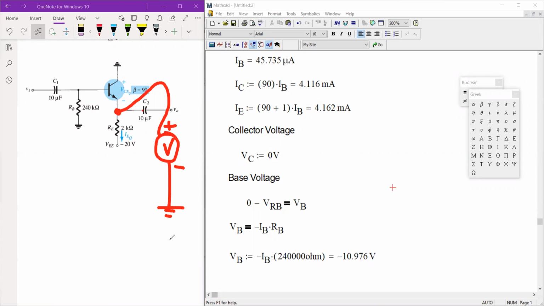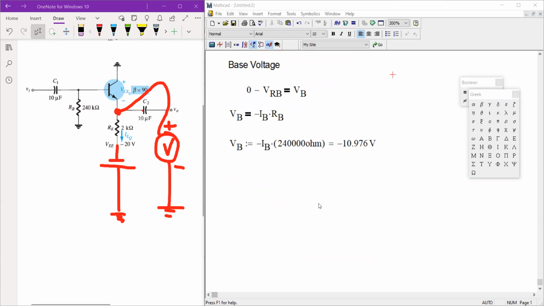Now we cannot use I sub E times R sub E, since V sub E actually covers the voltage across resistor R sub E and your V sub EE. So that's R sub E and V sub EE in total.